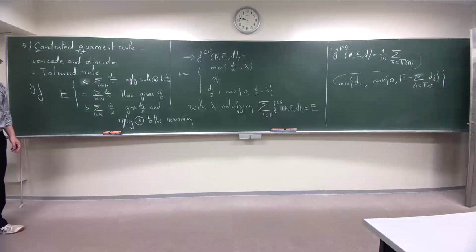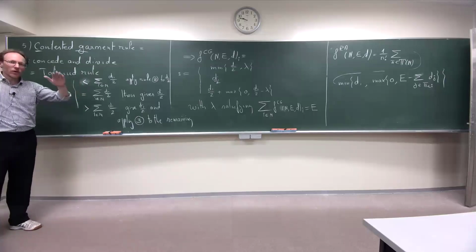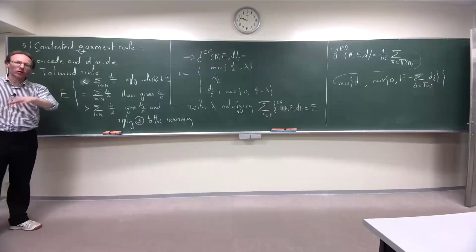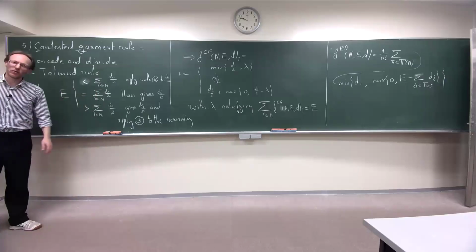Yes? Wouldn't half the estate be remaining once you allocate? No. If the estate is equal to half, so if everybody is claiming a certain amount, but I have only half, I give half to everybody, half of what this person claims.